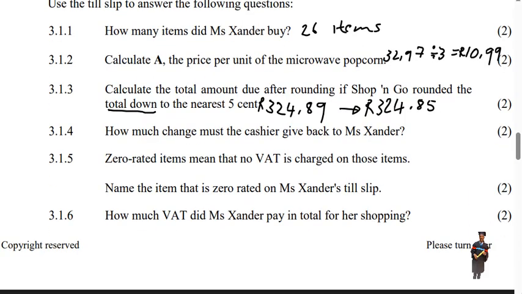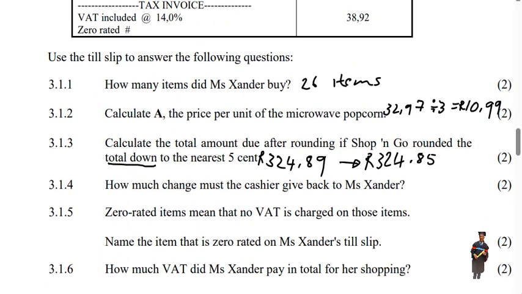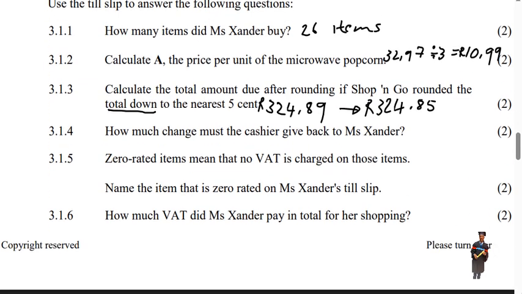The change is calculated based on the money that is paid and the rounding. Our rounding here is actually 324.85.